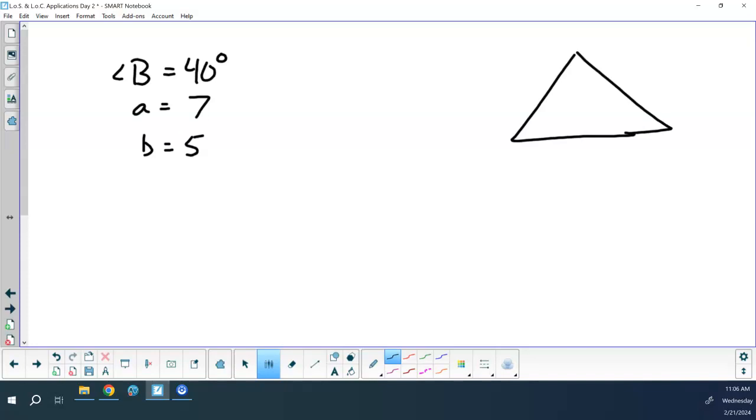Where do you want angle B to be? Bottom left corner? Love it. So if this is angle B, then this is 40 degrees. If that's angle B, where is side B? The opposite side. Which side do you want to be side A? Left or bottom?